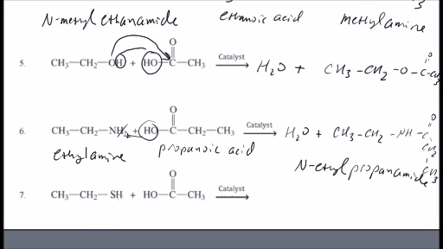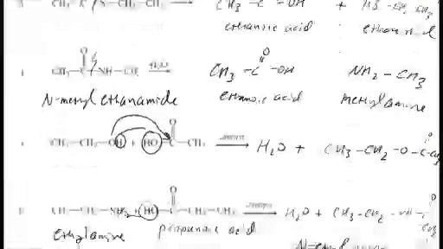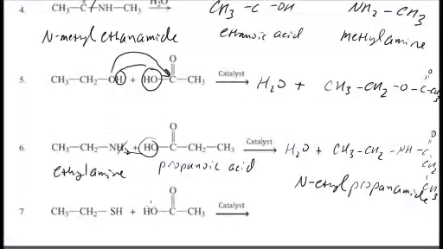All right, and finally, let's look at this last example. We have ethyl thiol, and we have ethanoic acid. So this is just the reverse of what we did in number 3. So hopefully we'll form that same molecule there. As all of these are going, we're forming water. So these are water forming reactions.